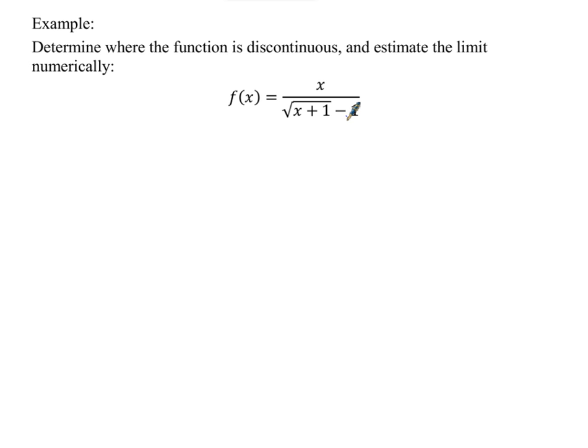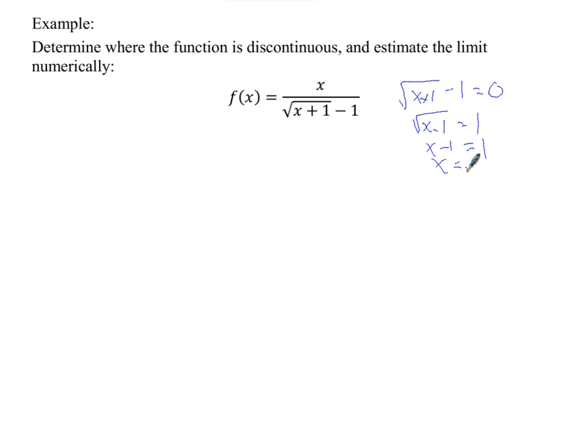Okay? If you can't do that in your head, then take the denominator, square root of x plus 1, minus 1, and set it equal to 0. And now solve for x. Add 1 to both sides. Square root of x plus 1 equals 1. Square both sides. X plus 1 equals 1.